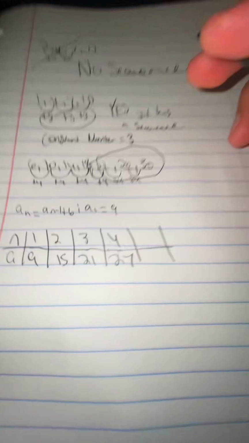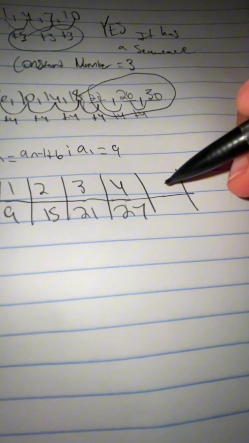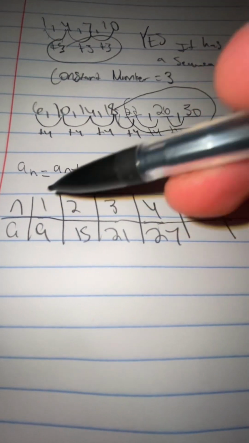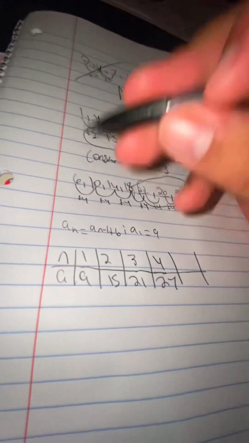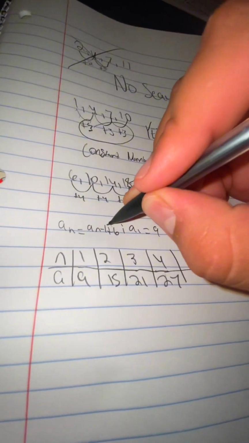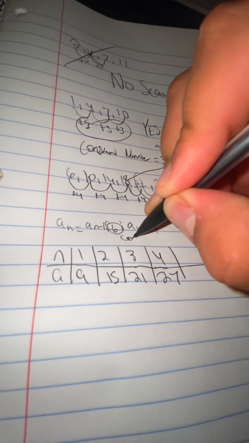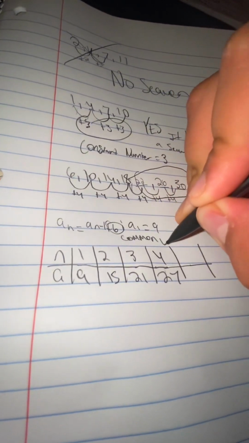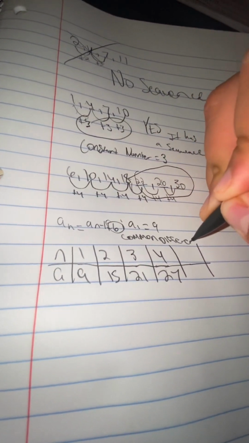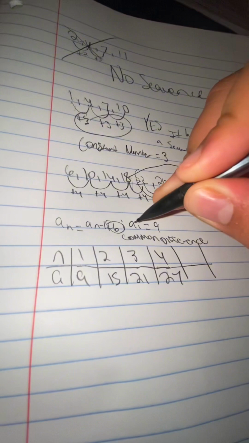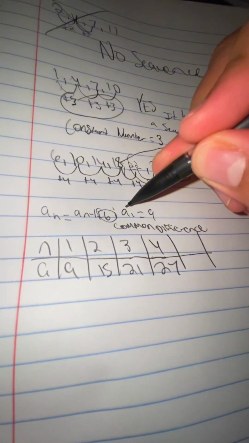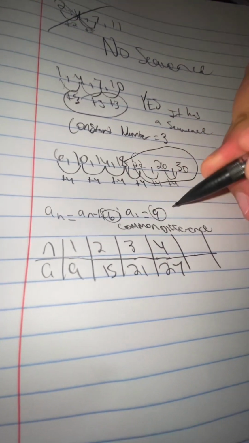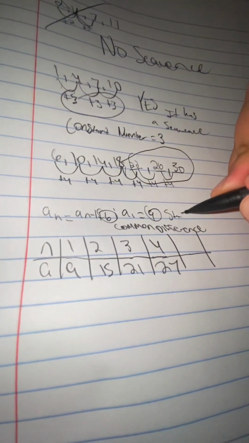So these two spaces weren't needed because the original question was asking for the four terms coming from this equation. So breaking down this equation, our 6 is going to be our common difference, with our 9, obviously made with the 1 right there, as our starting term.